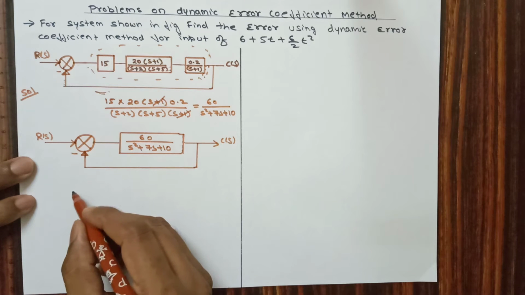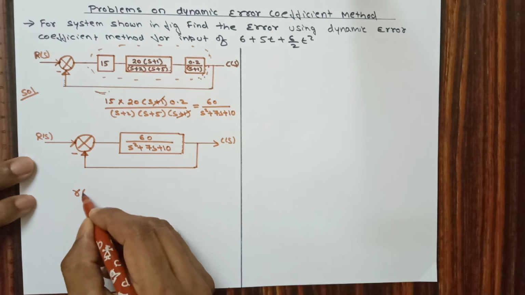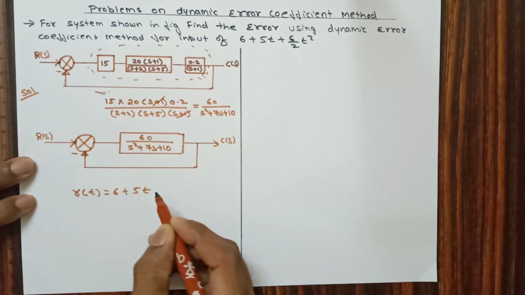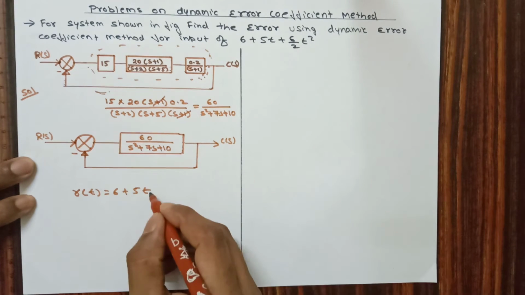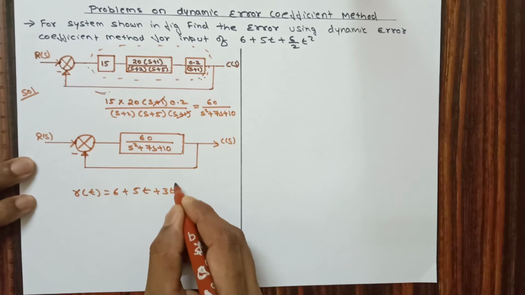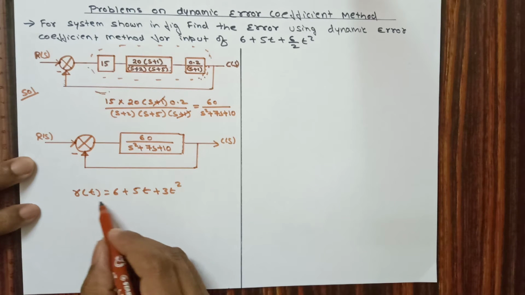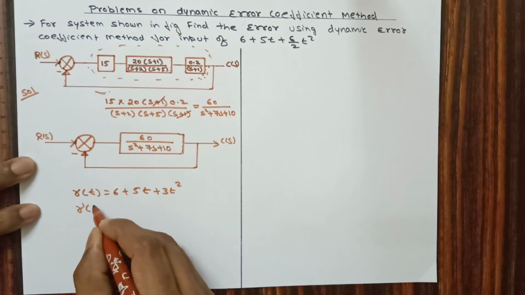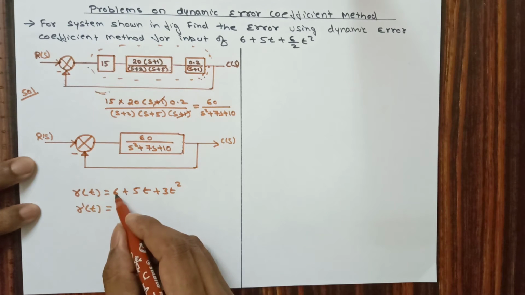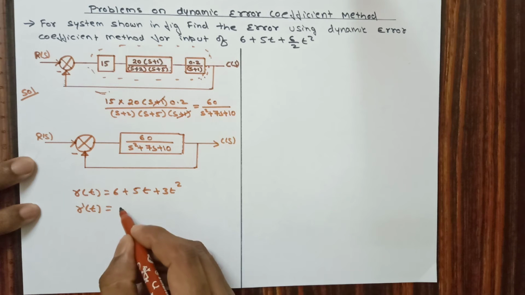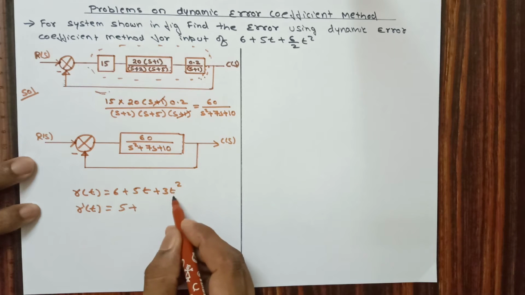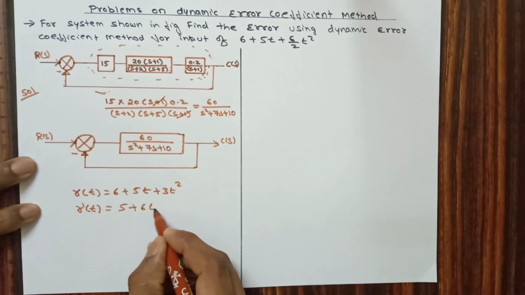Let us see. First, the input is given, r of t is equivalent to 6 plus 5t plus 6 by 2 t square, which is nothing but 3t square. Now by differentiating this input, r dash of t, the constant term becomes 0, and we get 5 plus, the differentiation of 3t square is 2 into 3, 6t.